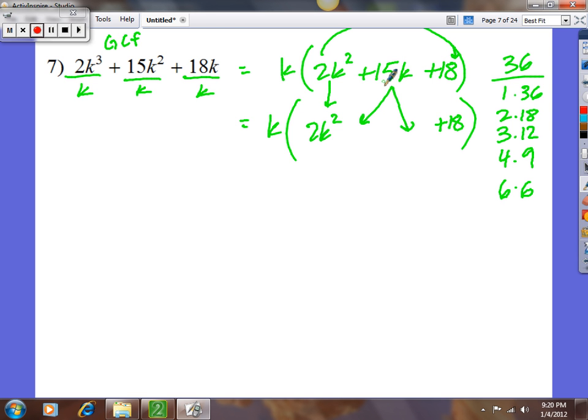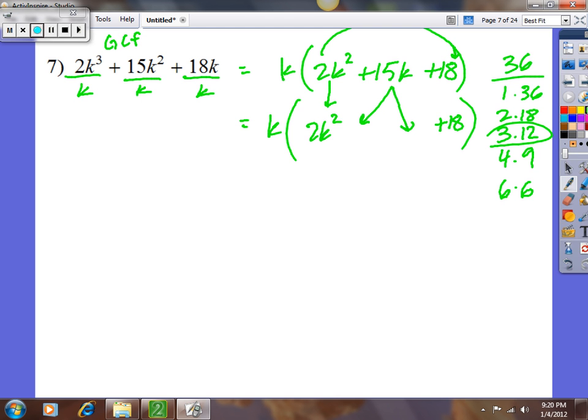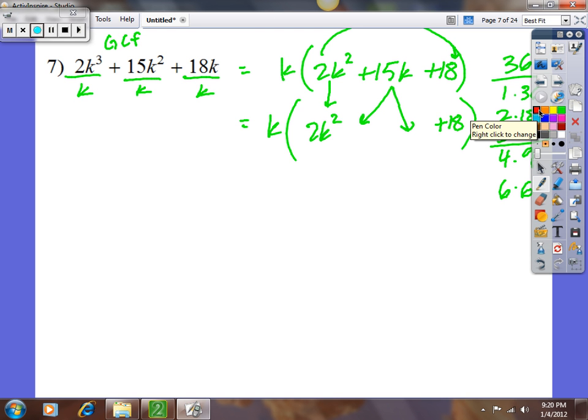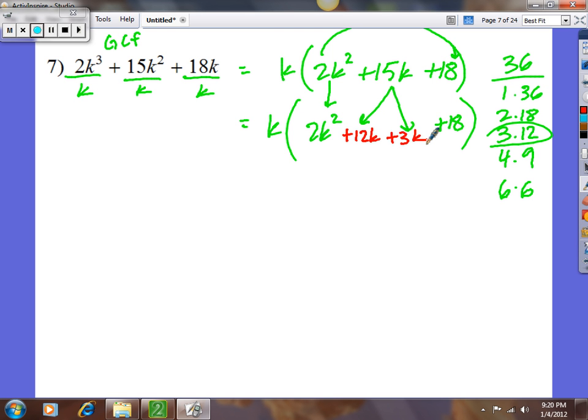And your answer is 3 and 12. So 3 times 12 is going to give you 36, but 3 plus 12 is going to give you 15. So I'm going to rewrite this 15k as 12k plus 3k.